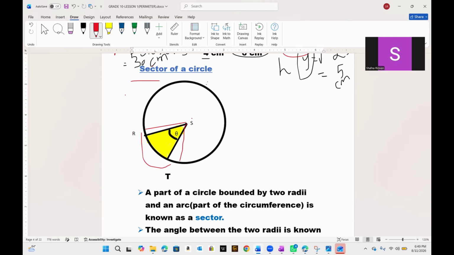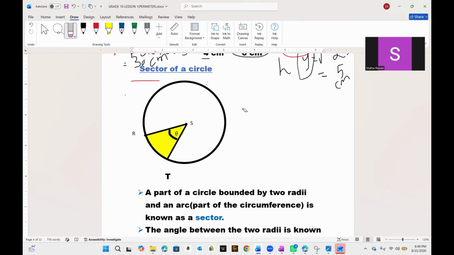It can even happen like this: one radius, another radius, and an arc. So this is also a sector. And again here and here, another sector. Like that, you can have several sectors. Always remember that.